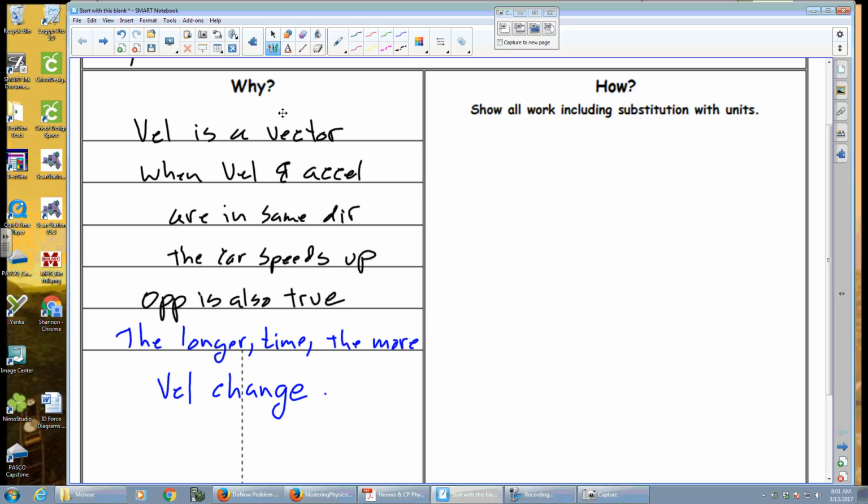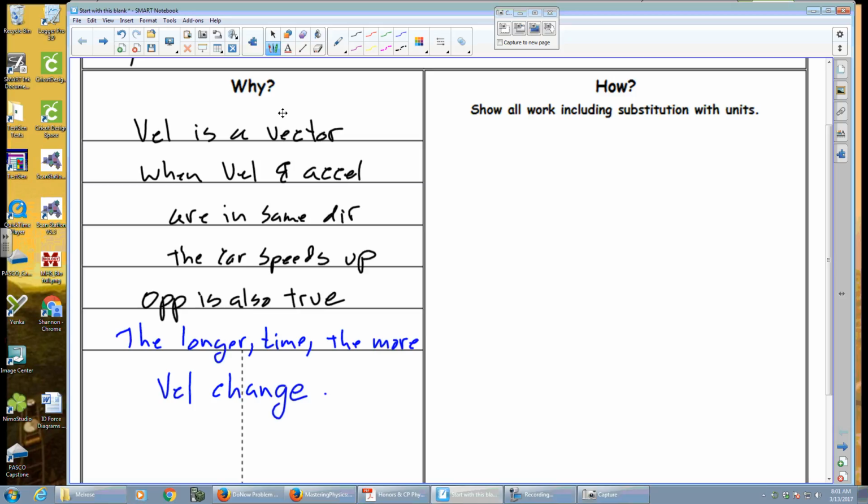Because take, for example, this car is moving north. If it accelerates for long enough in the southerly direction, what's the car going to eventually do? It's going to be slowing down the whole time. What's it eventually going to do? Stop and change direction, turn around, and start going the other way.